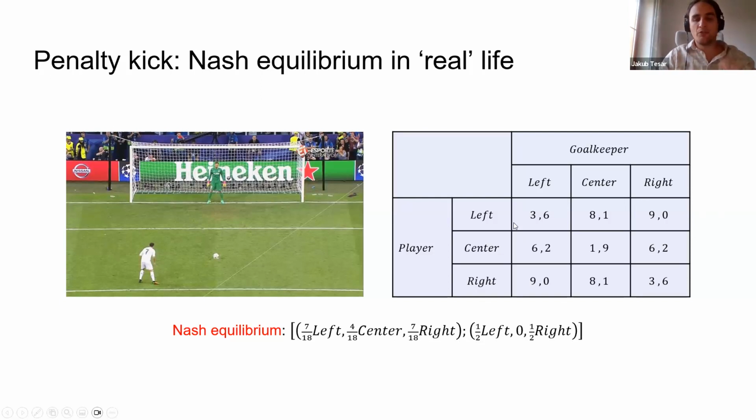By the way, if you ever heard of famous goalkeepers, they basically study the players before the game, and they construct, in a sense, this payoff matrix, and this gives them the idea what they should do to maximize their utility from that particular penalty kick.